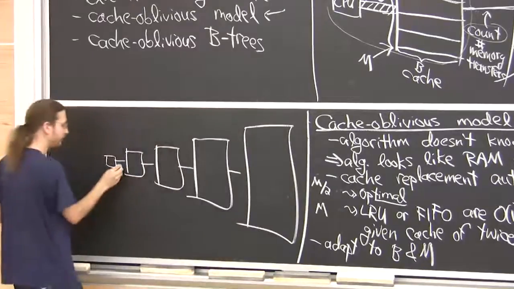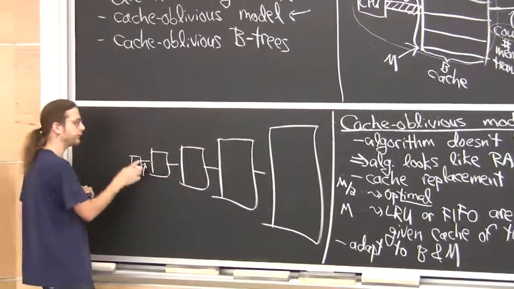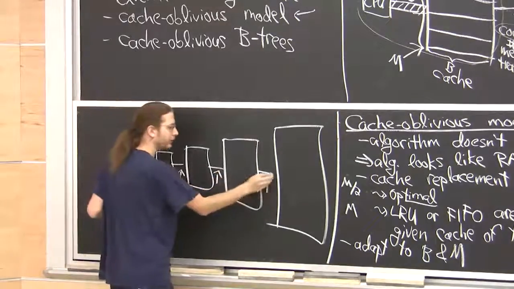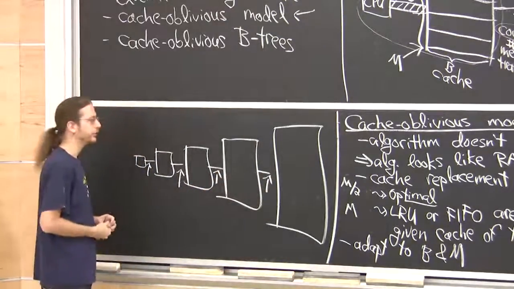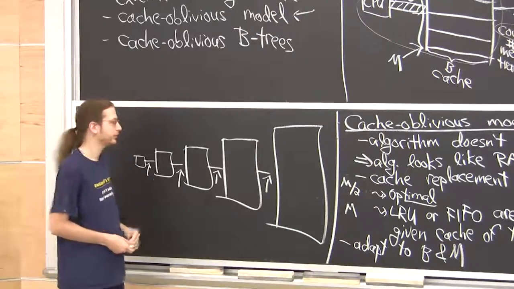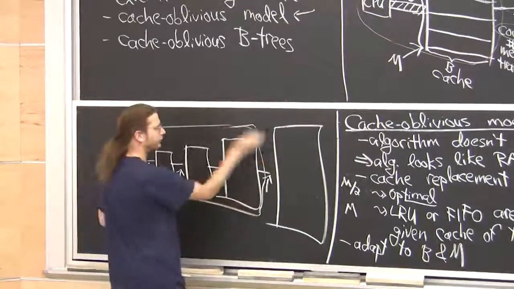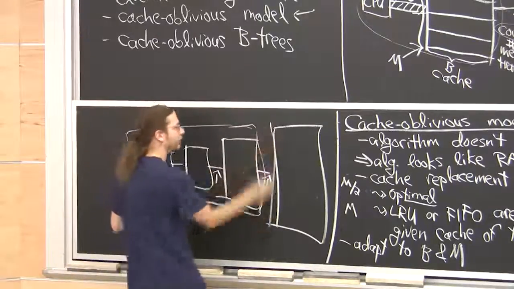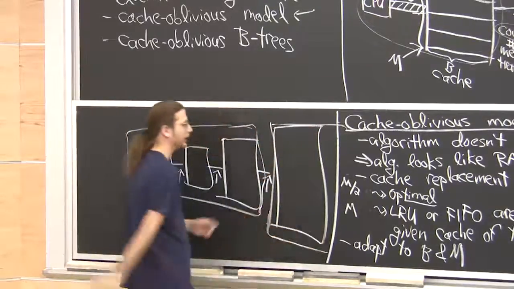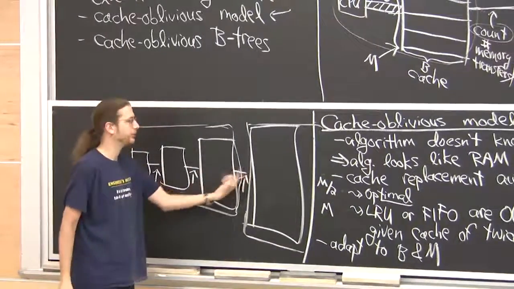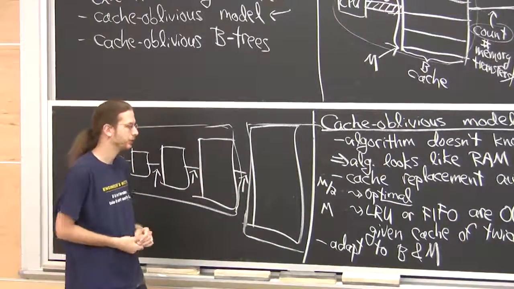You optimize the number of memory transfers between these two levels, between these two levels, and between these two levels. So you optimize everything. If you just think of this as one big level versus all the levels to the right, then that has some B and some M, and you're minimizing the number of memory transfers there.